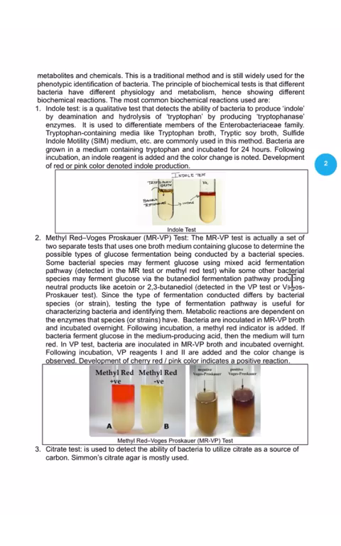The other pathway is what we call the butanediol fermentation pathway, and this produces byproducts such as acetoin or 2,3-butanediol. So these are our different pathways.